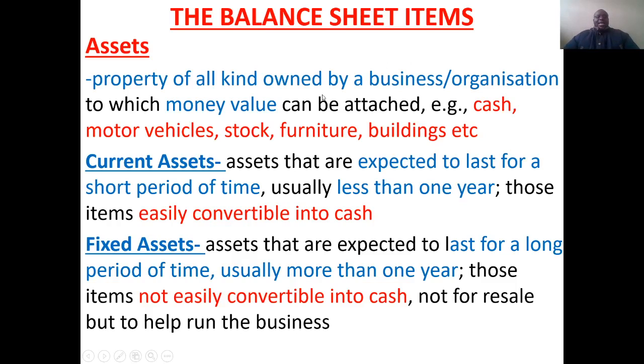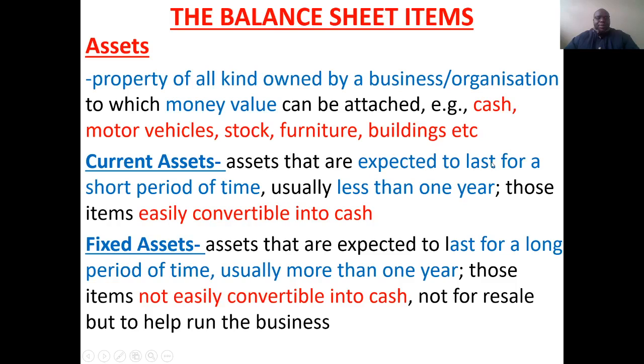The balance sheet items. 1. Assets. This is a property of all kind owned by a business or an organization to which money value can be attached. For example, cash, motor vehicles, stock, furniture, buildings, etc. We have current assets and fixed assets.